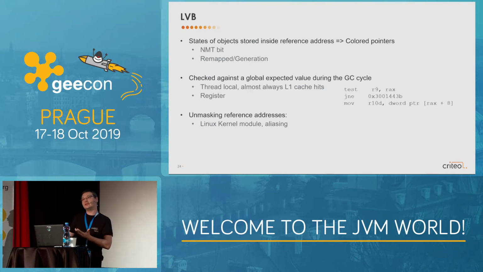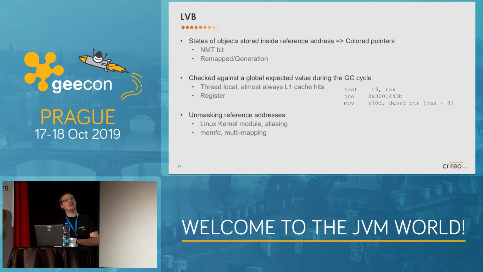So when you install the JVM, you also need to install a kernel module doing all the allocation for the JVM at the OS level, and also the aliasing for accessing those objects. So the kernel module is able to reference the object correctly, even with the metadata information, because of the aliasing. Or use a Linux API that was recently added into the kernel, memfd, and do the multi-mapping. And multi-mapping we will see with ZGC.